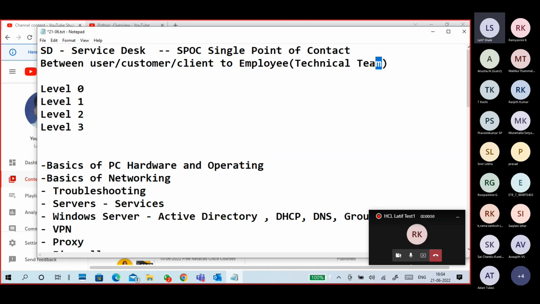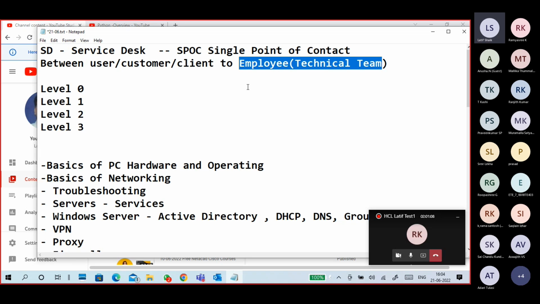So here I've written employees are a technical team, or IT team, or IT supporting team. These people have a specific skill set, not an overall kind of skill.